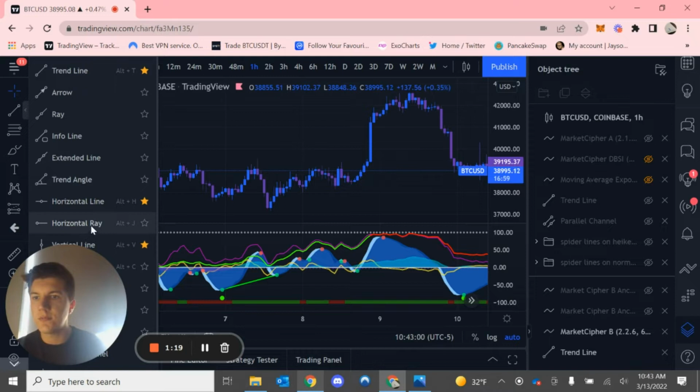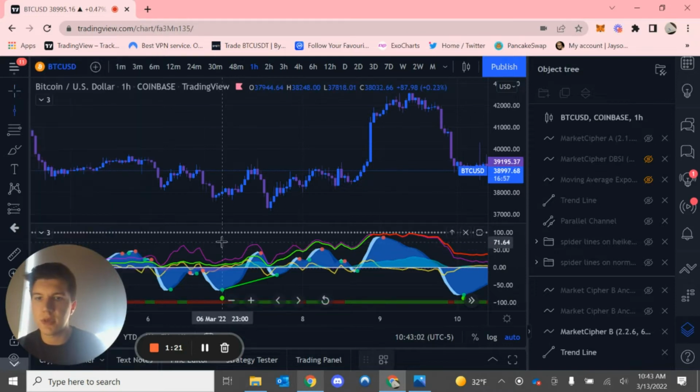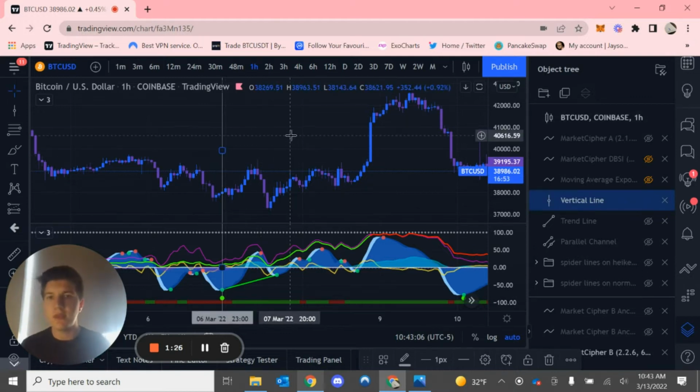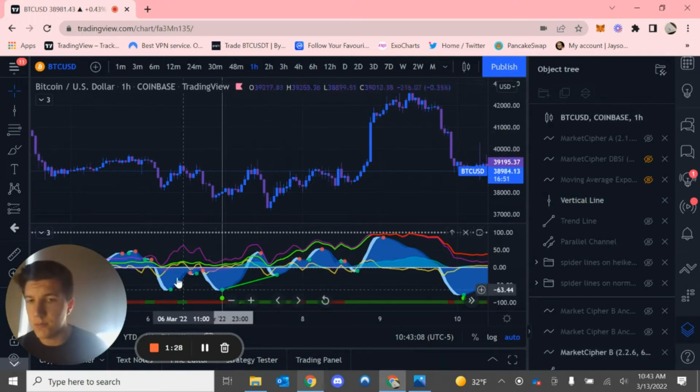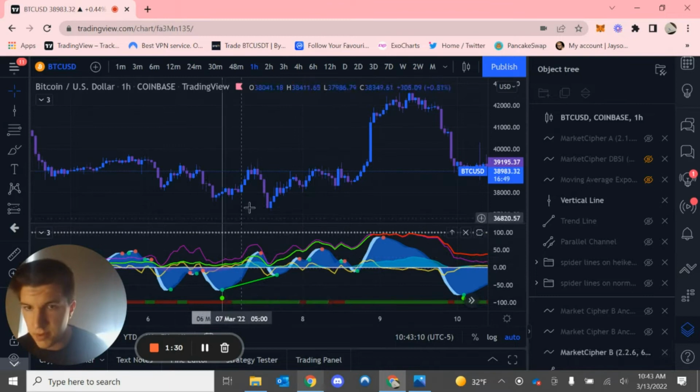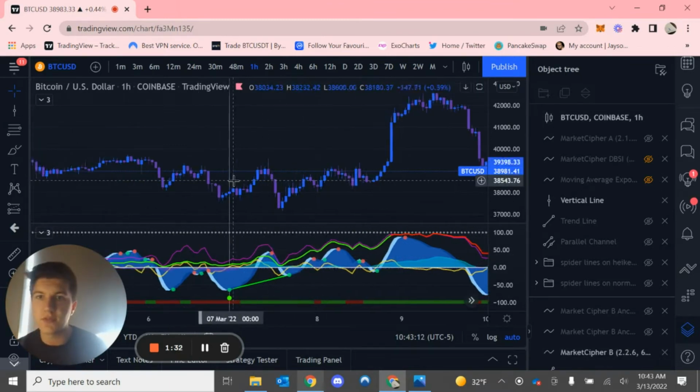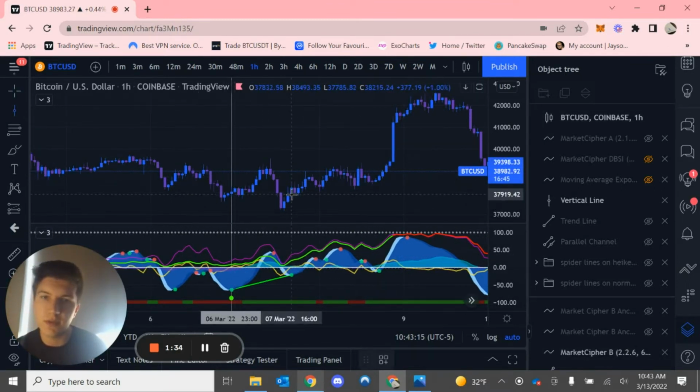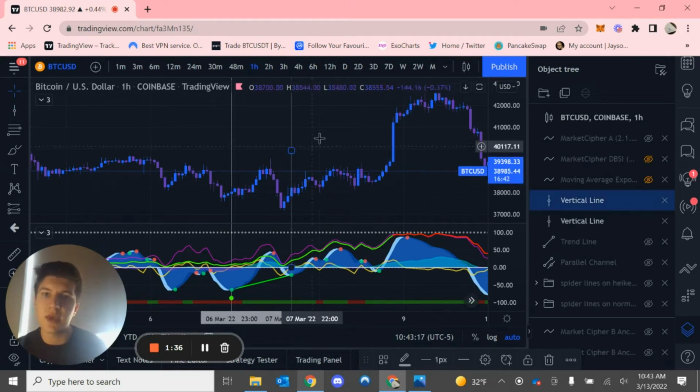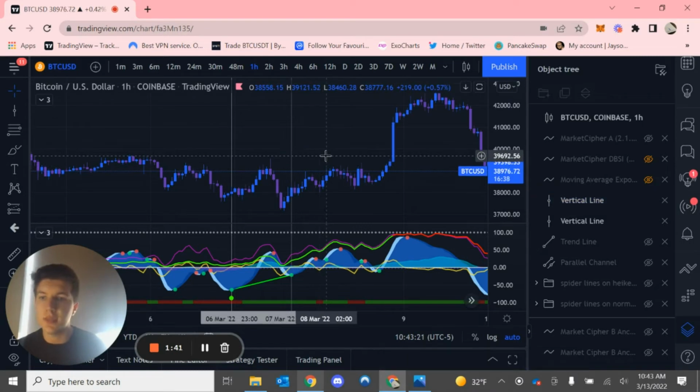Next thing I like to do is draw a vertical line on the beginning of the divergence, or where price was making a very low with price or with the oscillator. Next thing is that I draw a vertical line on the price where the oscillator was making a higher low.